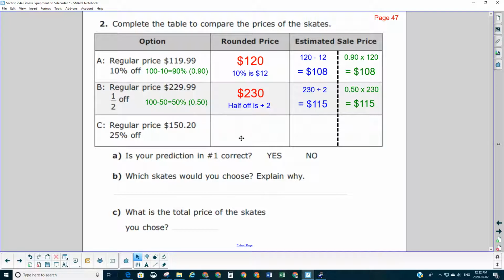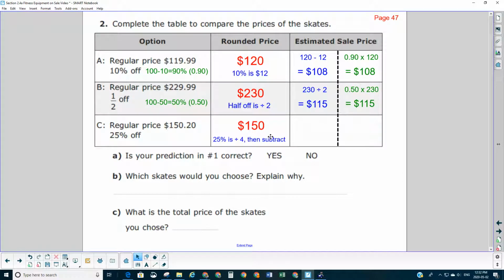The final pair of skates is $150.20, but it's 25% off. All right, so again, I'm going to estimate on $150. And this one, the blue method, is a little bit harder because 25% off isn't quite as nice as 10% or half off. For 25%, that's a quarter. So you would have to divide it by 4 and then subtract.